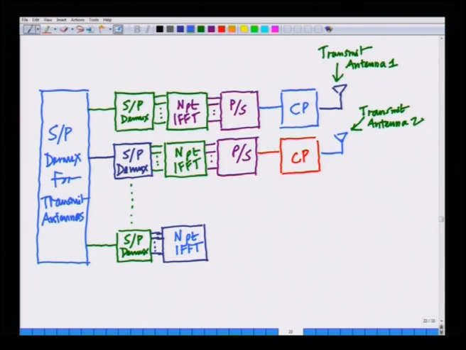Now, I again multiplex these, parallel to serial, into the same line.